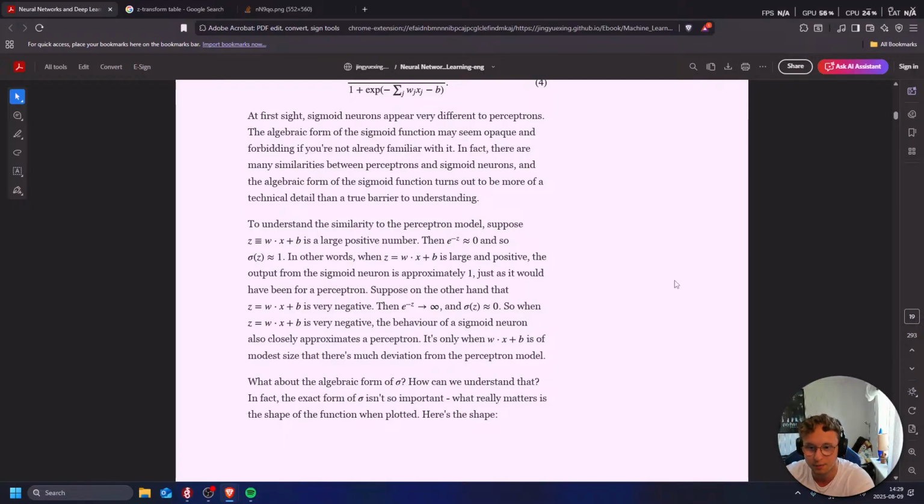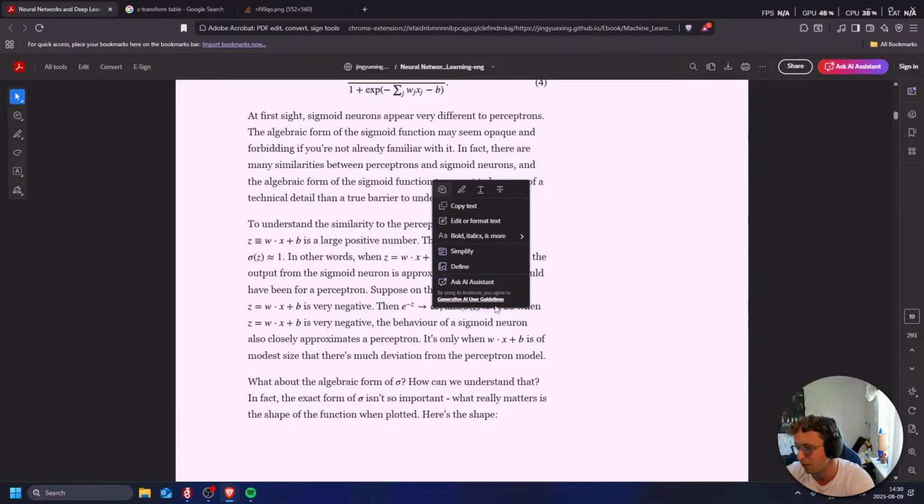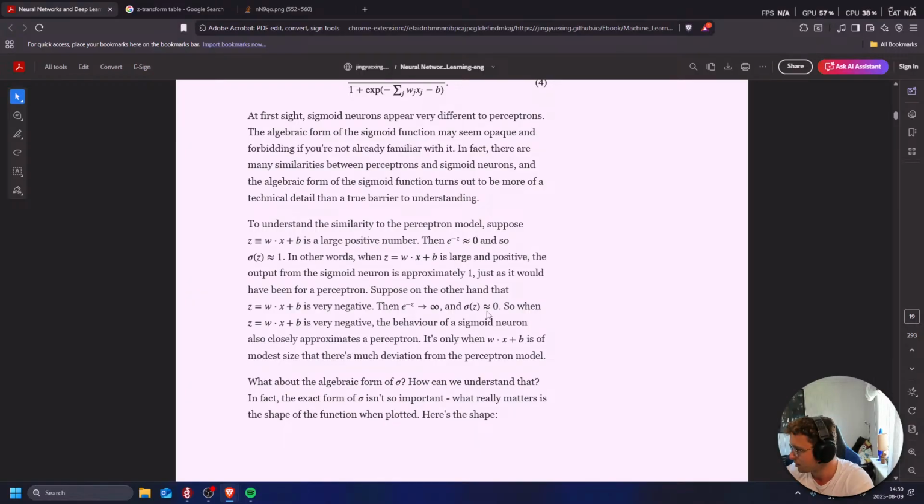So this is like the limit value. If this value goes to infinity, then this goes to 0. I kind of jumped forward with the explanation. That's my bad.